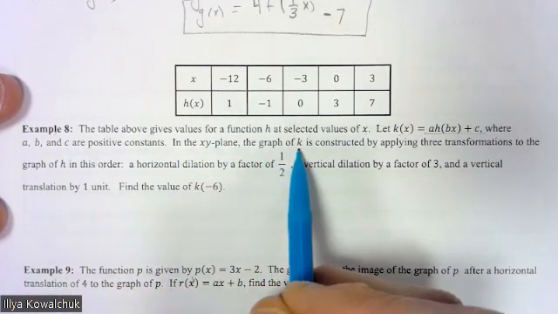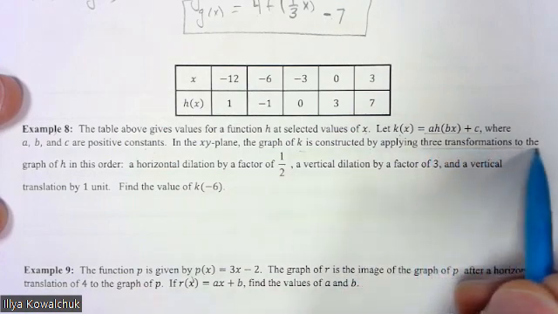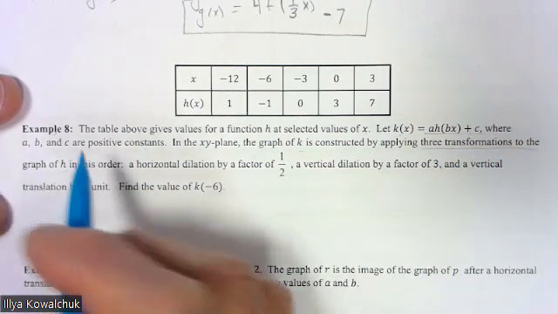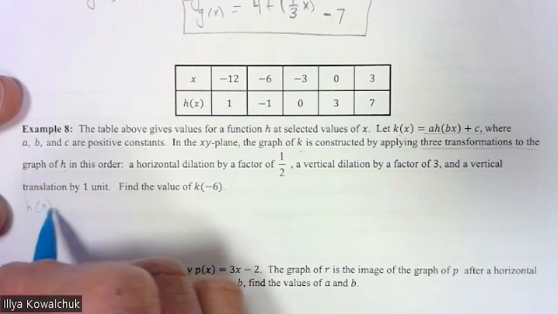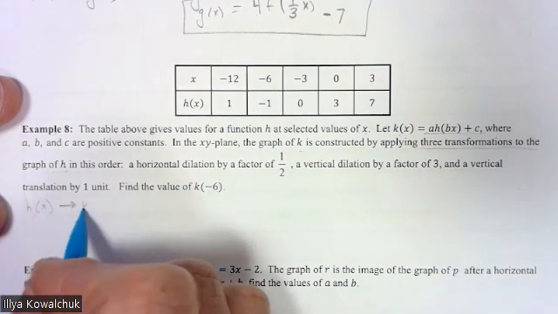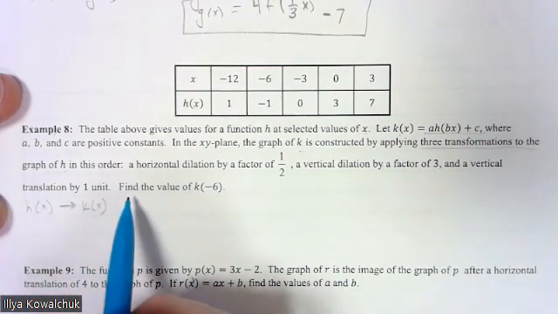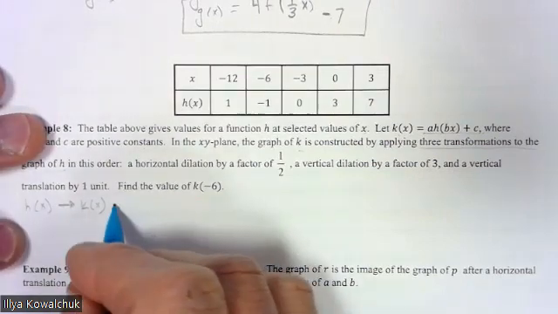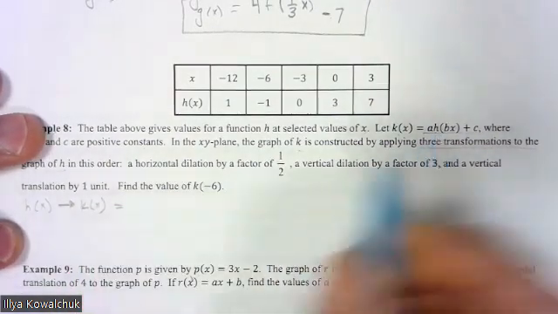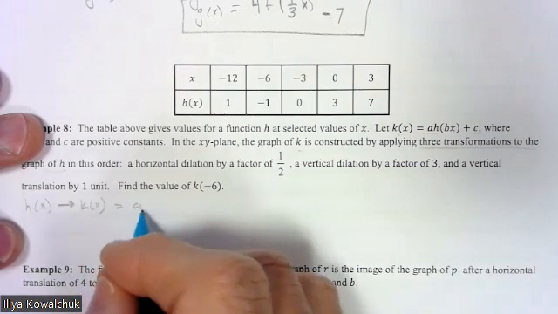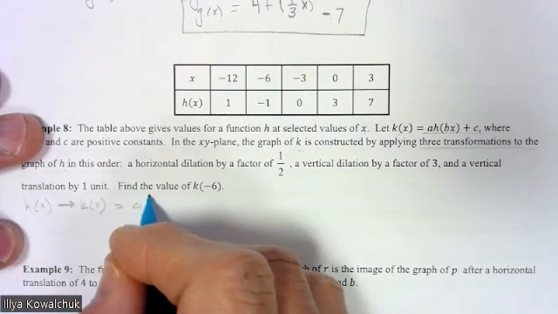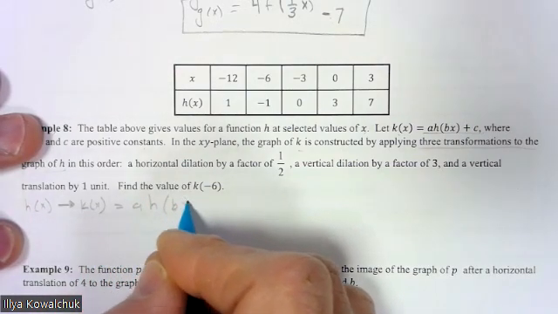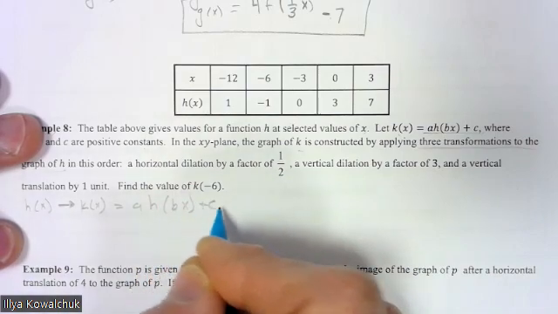In the xy plane, the graph of k is constructed by applying 3 transformations to the graph of h. So again, h of x is transformed into k of x. All right, so we know k of x is equal to a times h of b of x plus c.